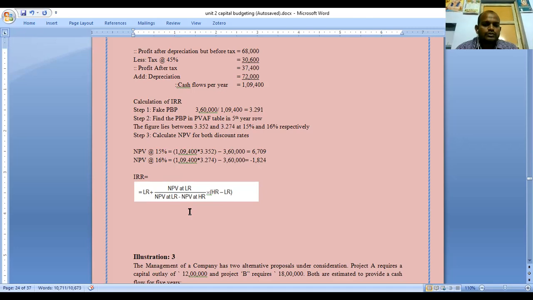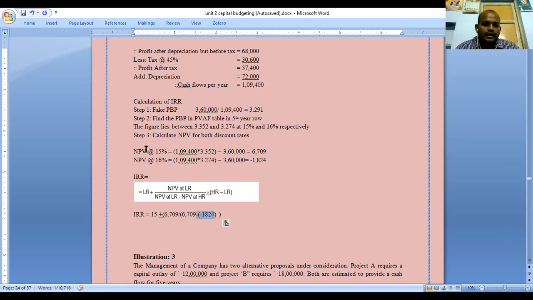So we have to substitute the values. So lower rate is 15 percentage. 15 plus NPV at lower rate divided by NPV at lower rate minus NPV at higher rate.